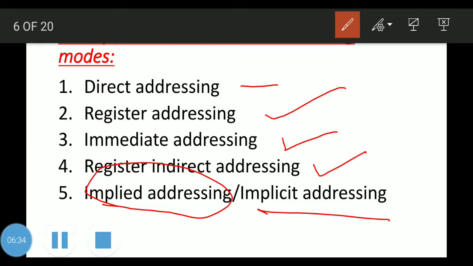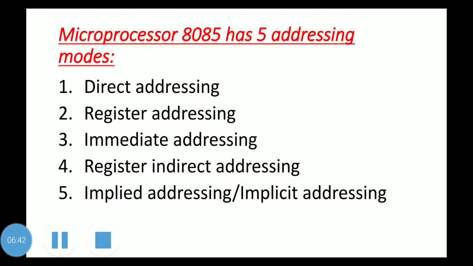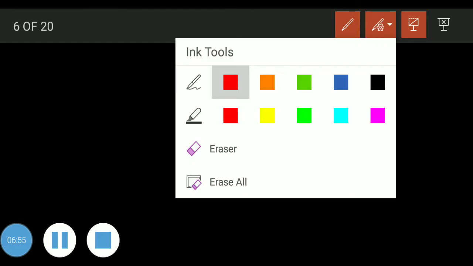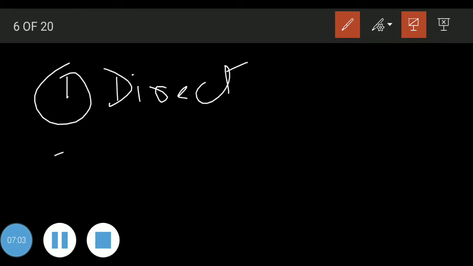These 5 addressing modes are very important and we need to remember them. So let us write all these 5 addressing modes once again. Which were the 5 addressing modes? First, direct addressing mode. Second, register addressing mode. Third, register indirect addressing mode.